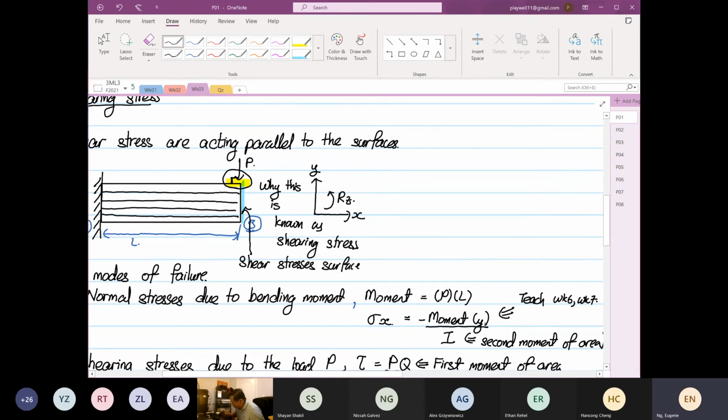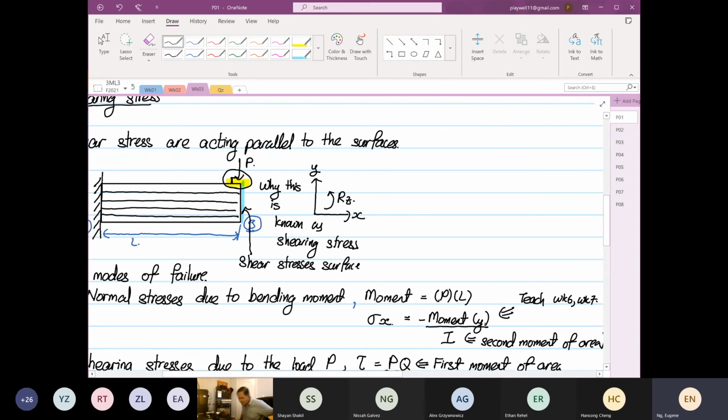The one I highlight in yellow is perpendicular, right? The one I highlight in blue is parallel to the force, right? So by right, it should be that blue surface. But why failure will occur perpendicular to the applied force?